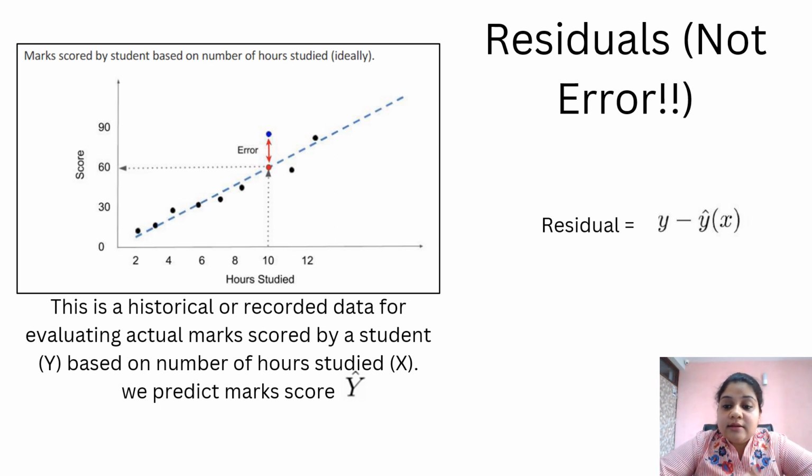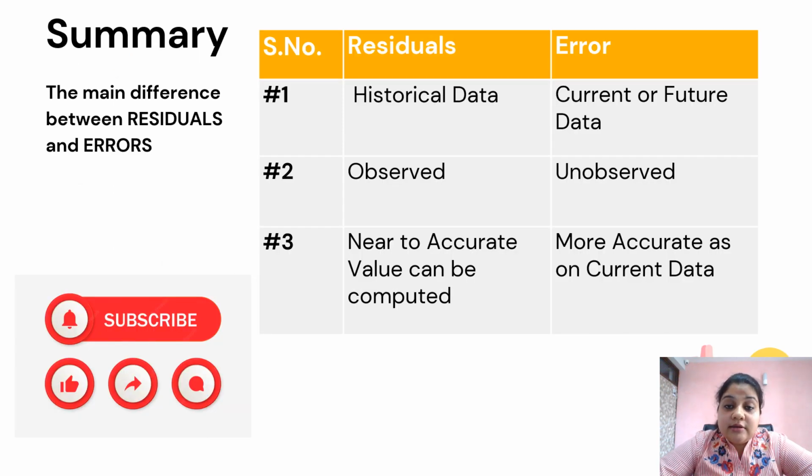Let's summarize the difference between the two terms, error and residual. Error is calculated on the current or future data set, whereas residual is calculated on the historical data set. Historical data is already observed data, but when we calculate the error on the future data set, that is unobserved data.